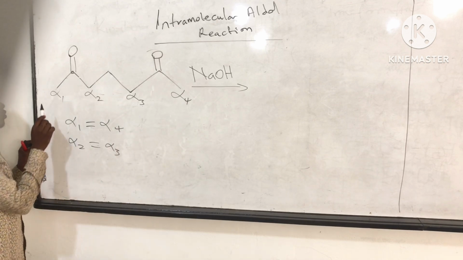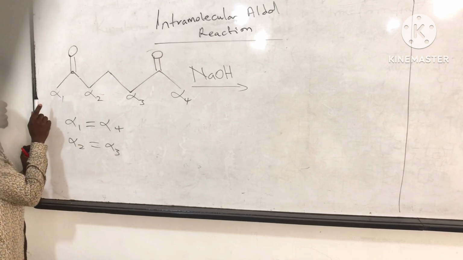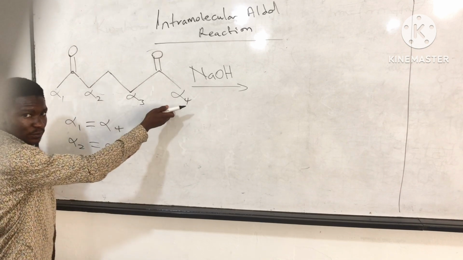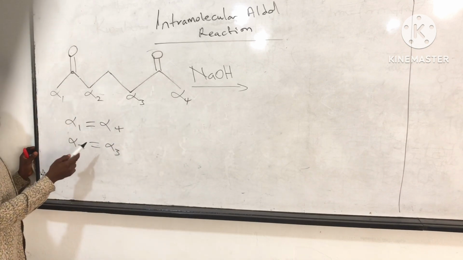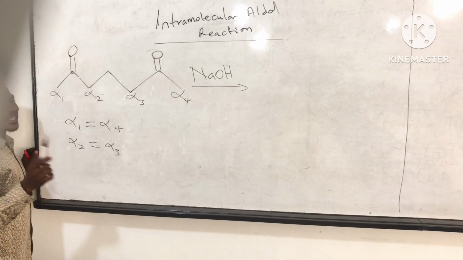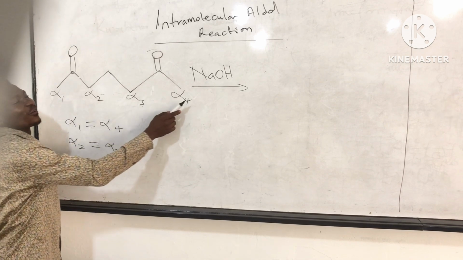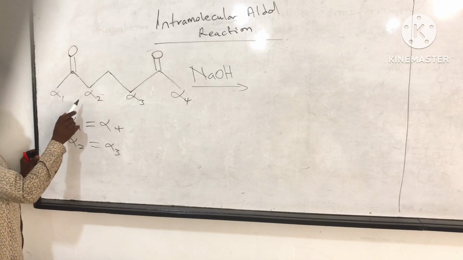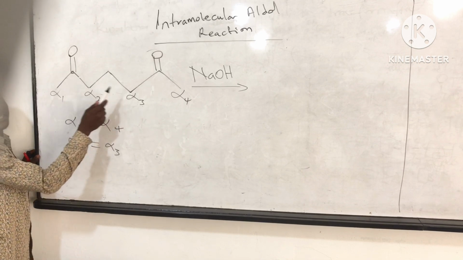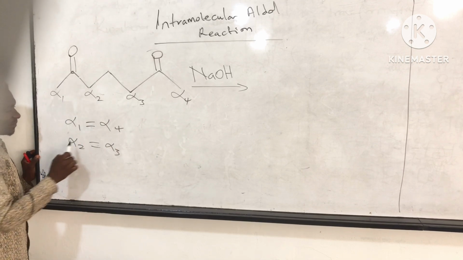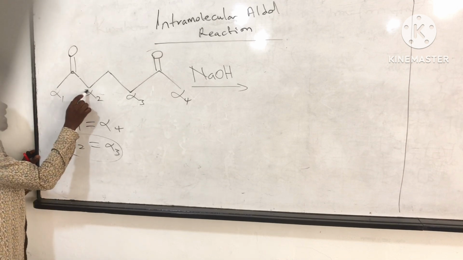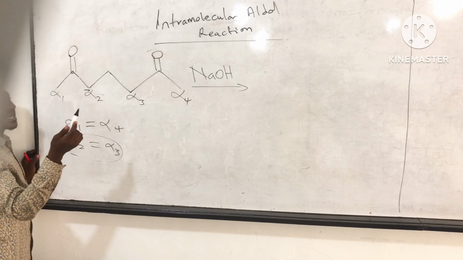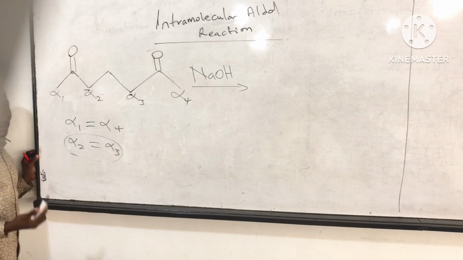So you just have to focus on one of them. It's either you work with alpha carbon 1 or alpha carbon 4. Now when you come to the second aspect, which is alpha carbon 2 and 3, it's the same thing because they are equal. Whatever you do here, it's just going to be the same thing that will happen here because they are symmetrical.